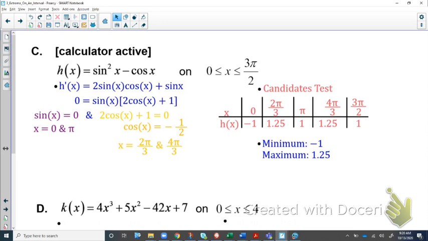I'm going to have a maximum value at x is equal to, and here I really should be saying, I typed that up probably different than how I was explaining the other answers. Where am I going to have a minimum? I'm going to have a minimum when x is equal to 0, and the output is going to be negative 1, but I'm also going to have a maximum value at 2 different places, and the maximum output is going to be 1.25.